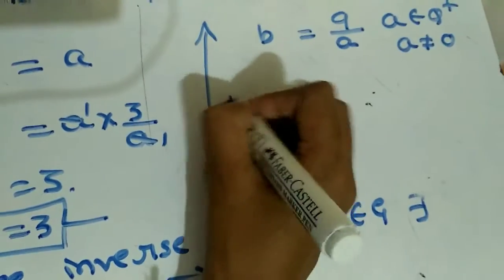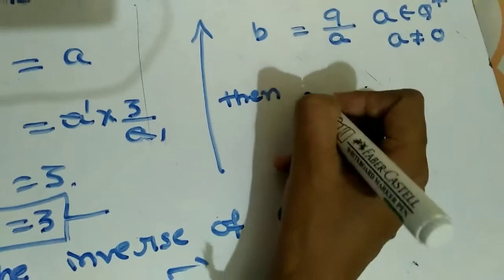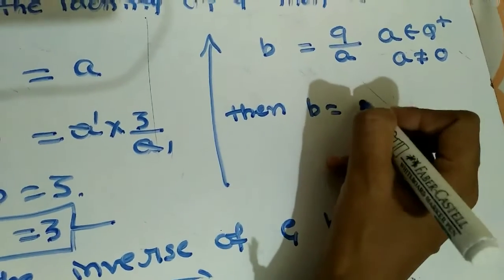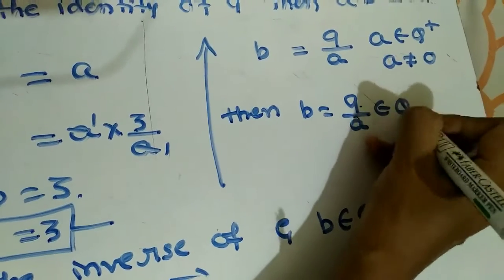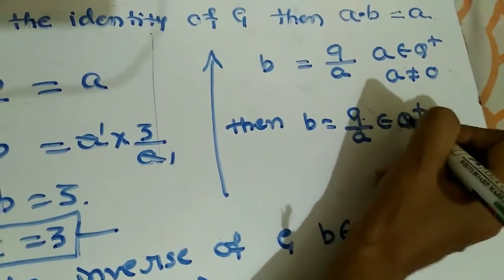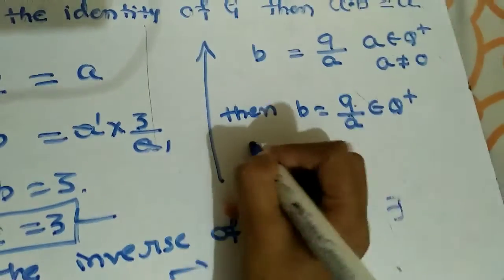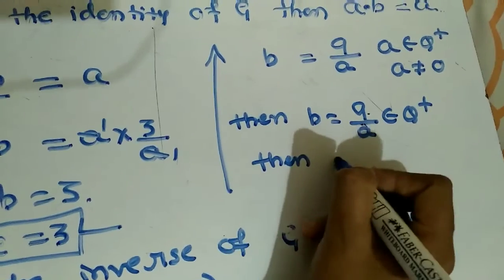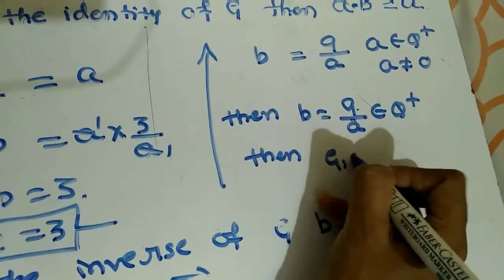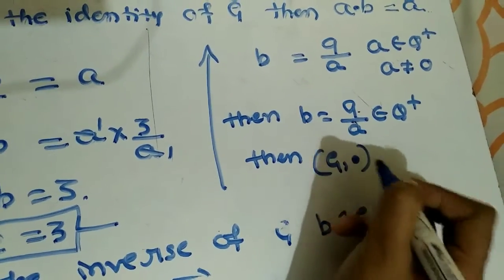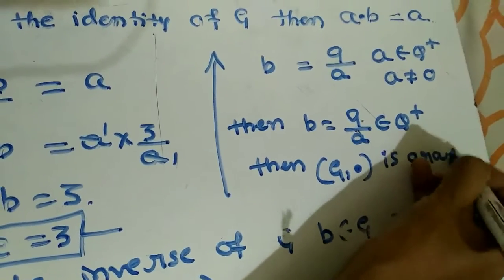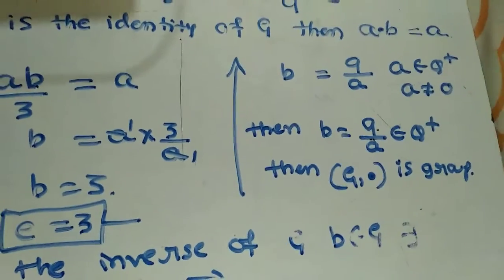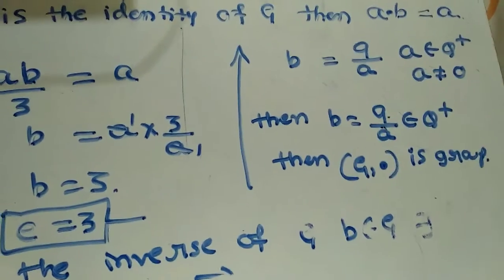If A is not equal to 0, then my inverse element is 9 by A, which also belongs to positive rational numbers. Then we can say that G, a non-empty set with respect to multiplication, is a group. Is this easy? Yes, of course it is.